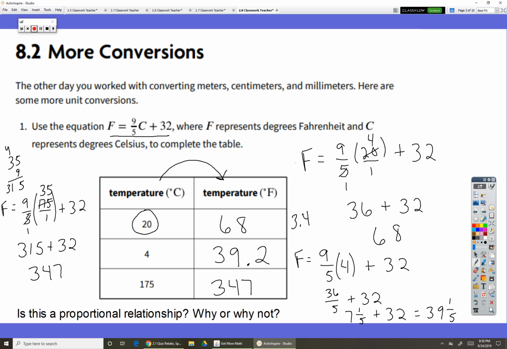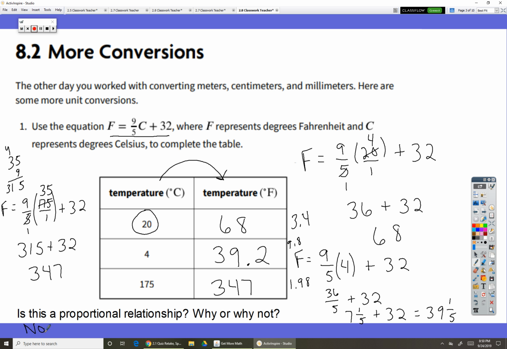If I do 39.2 divided by 4, I get something different. I get 9.8. And if I do 347 divided by 175, I get some sort of long decimal that starts with 1.98 and keeps going. So the point here is the ratios are not the same. So I'm going to write my answer. I think it'll fit down here.